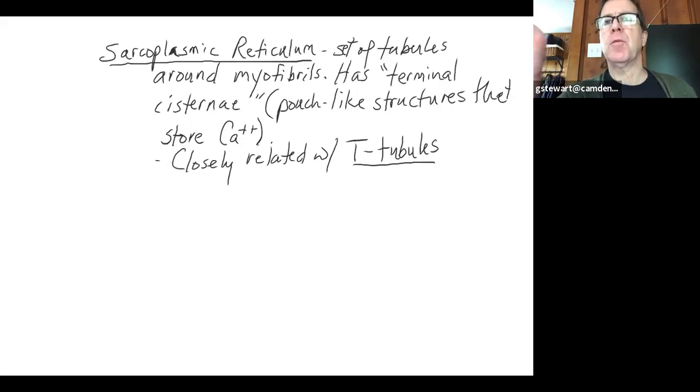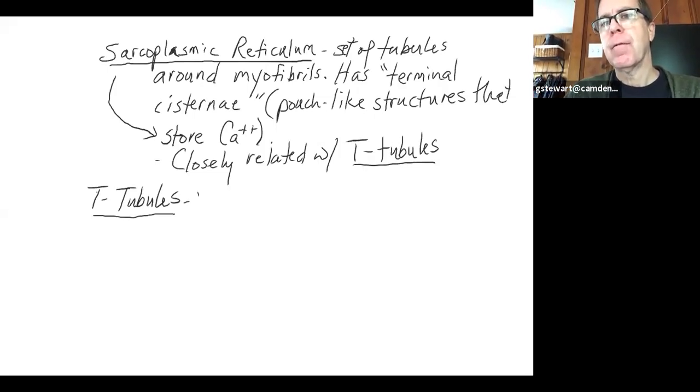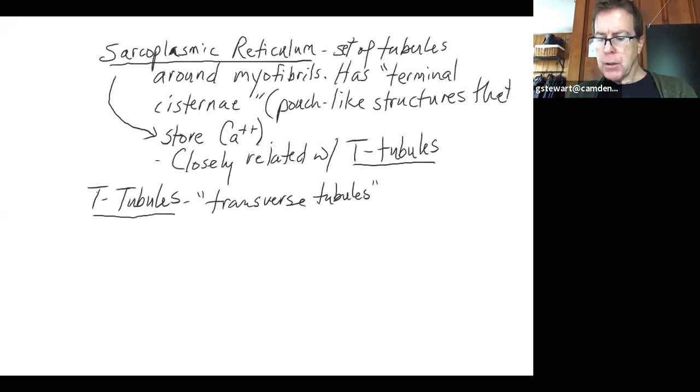So we know that the sarcoplasmic reticulum, here's its main function. It stores intracellular calcium. I'll draw a nice diagram of how all of these things relate to each other in a moment. I have 2 more things to define here. T-tubules, that's short for transverse tubules. That's where it gets its name. These structures are closely related.